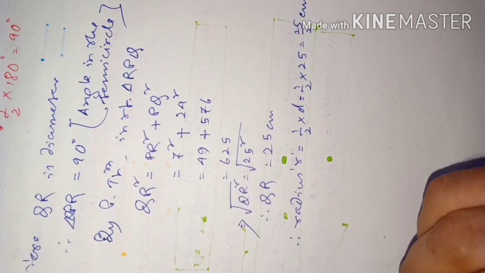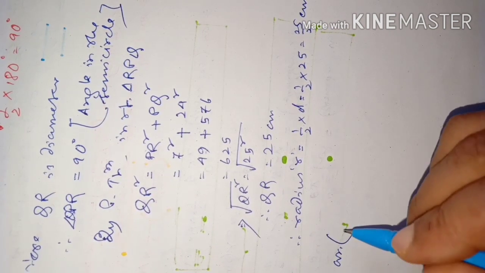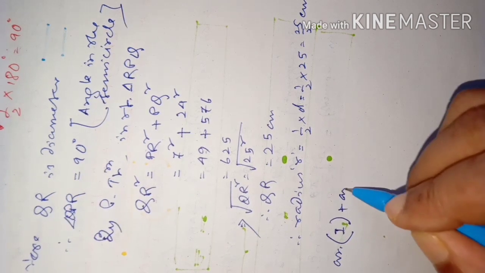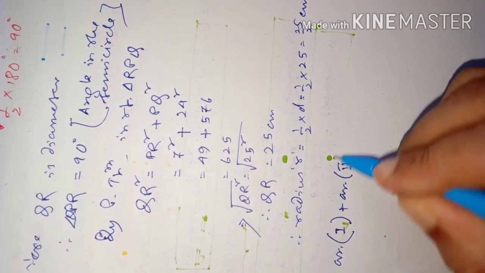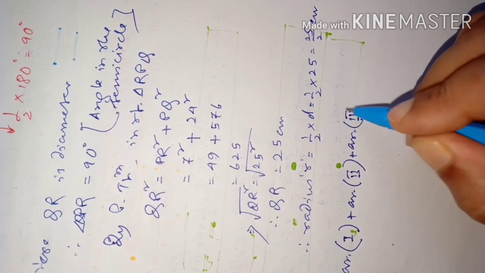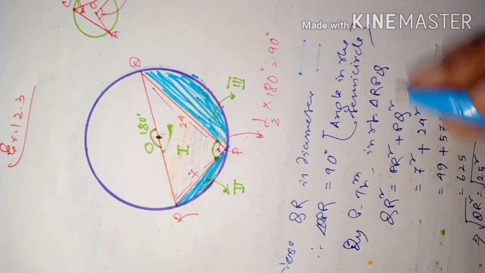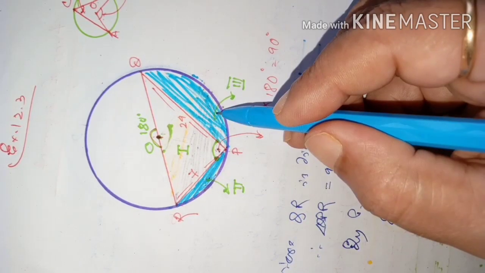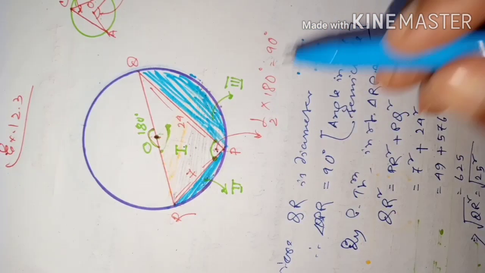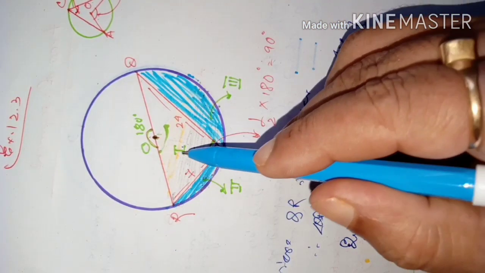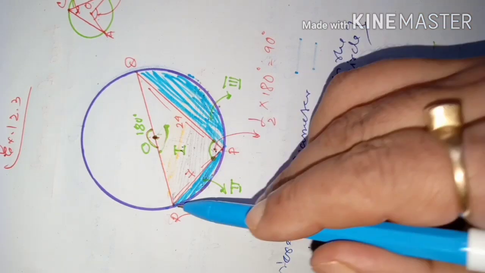Therefore area of region 1 plus area of 2 plus area of 3, portions are there, no, in this diagram, which we are interested about. 1, 2, 3 together make one semicircle.